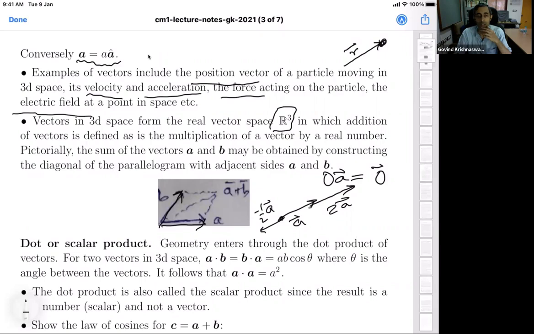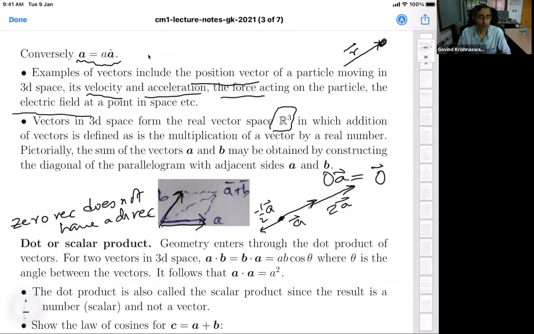The 0 vector doesn't have any particular direction. You could say it points in all directions. So its direction is not defined. Its length is defined as 0, but other than that, the 0 vector does not have a direction. At least it is not defined.